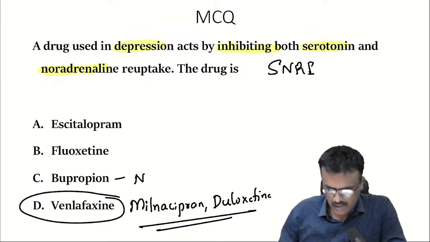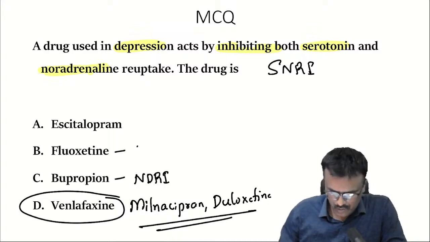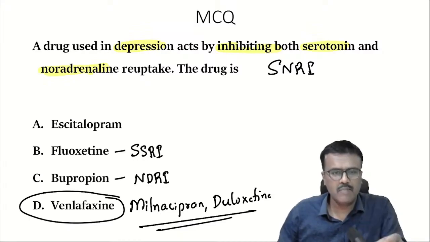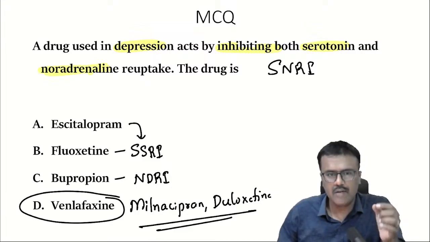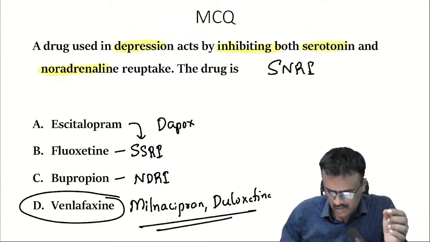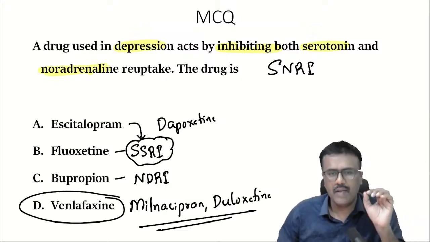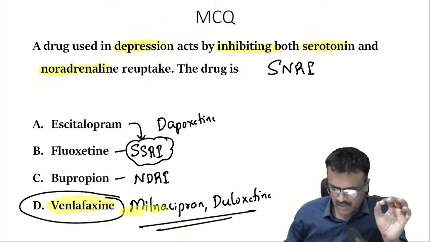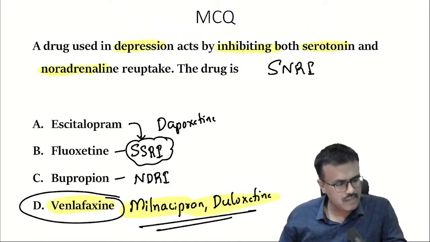Bupropion is an NDRI, an atypical antidepressant. Fluoxetine is an SSRI. You know fluoxetine, fluvoxamine, sertraline, paroxetine, escitalopram, then dapoxetine. All these come under SSRI. So the SNRI drugs are venlafaxine, milnacipran, duloxetine. So the answer is this.